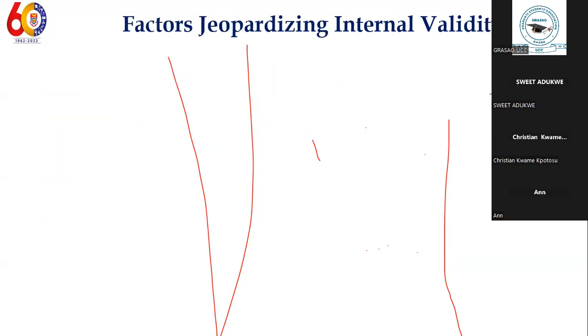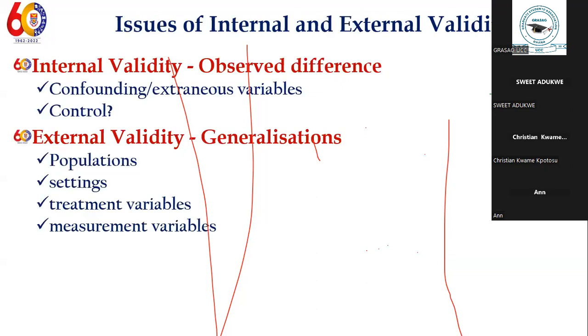Now, from the presentation, you could see that there are a lot of issues that can affect your internal validity, because internal validity itself talks about the differences that have occurred in the performance or in the behavior of your sample after your intervention. Is it the case that those differences are as a result of your intervention?